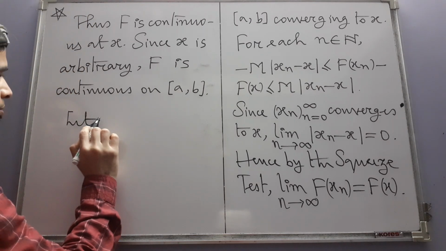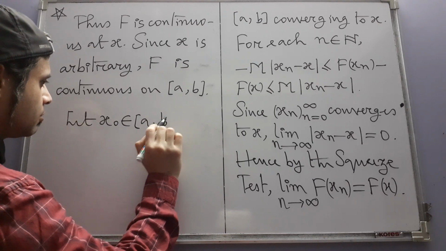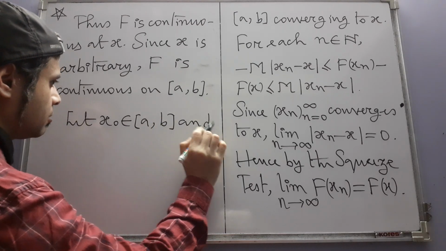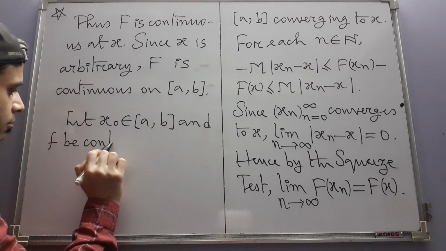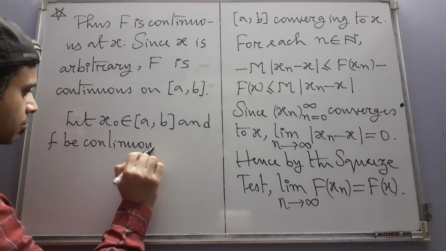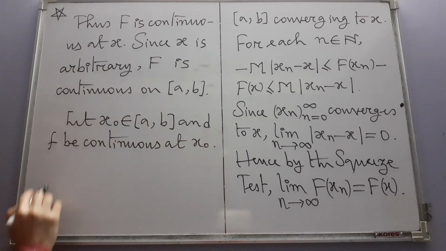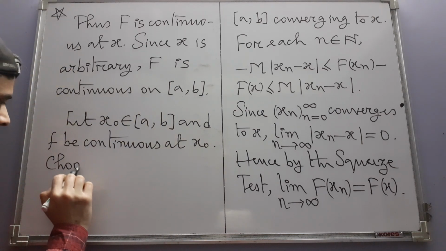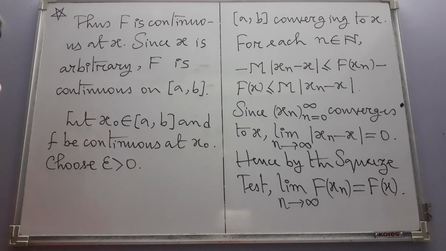Let x naught belong to [a, b] and small f be continuous at x naught. Choose a positive epsilon. Because of continuity we are going to get a delta.